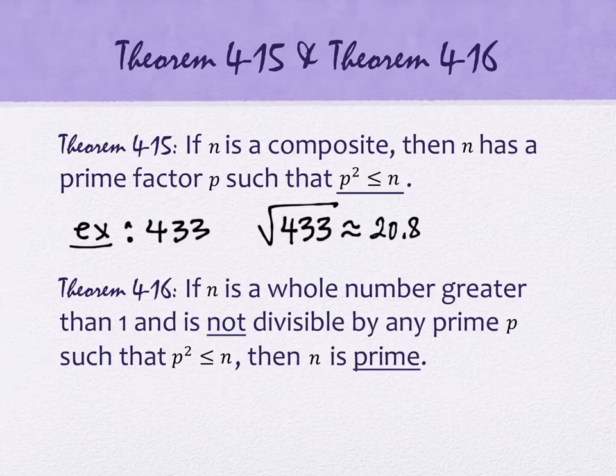What this tells you is that if it's divisible by something at all, besides 1, the number it's divisible by is smaller than 20.8. You don't have to go very far at all, do you? There's only a few prime numbers between 1 and 20 that you'd actually have to test before you could say, yep, it's prime. Or, oh, look, I found it. That's good news. And that's what this theorem tells us, it tells us sort of the upper end of where I can stop trying to test numbers.